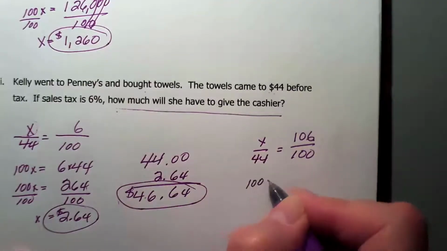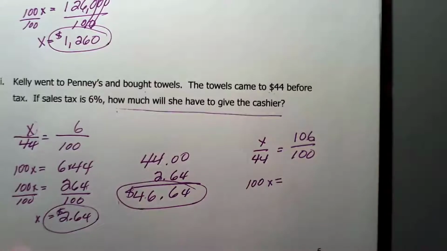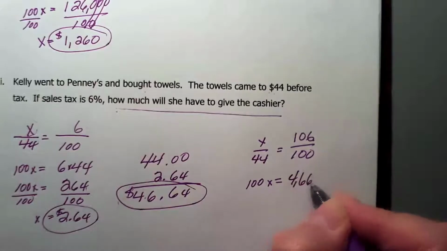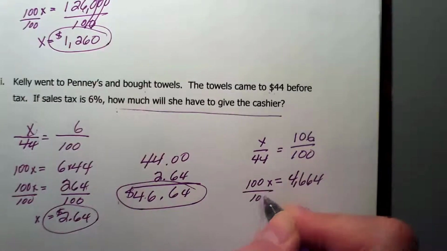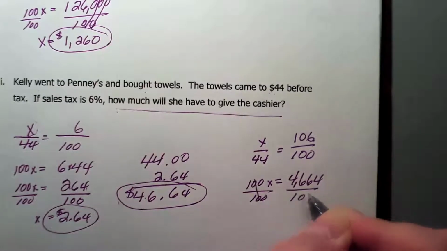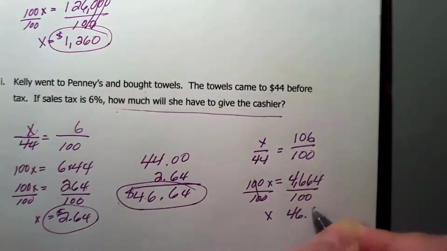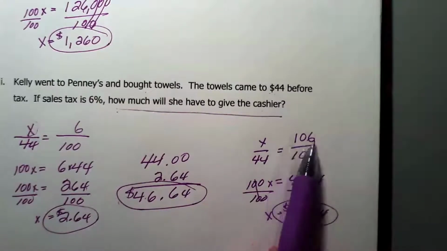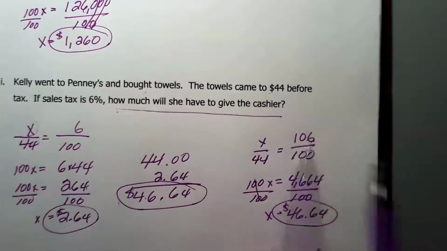So you have 100x equals 44 times 106, 4,664, divide by 100, x equals 46.64, because I just moved the decimal point 2 places. So you can do it all at once if you add the item plus the tax. So 100% for the item plus 6% for the tax.